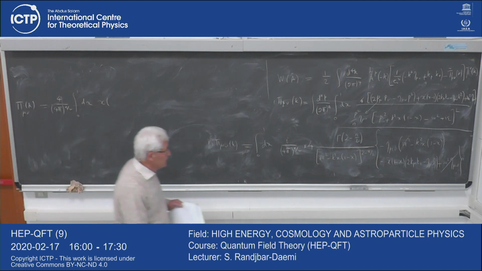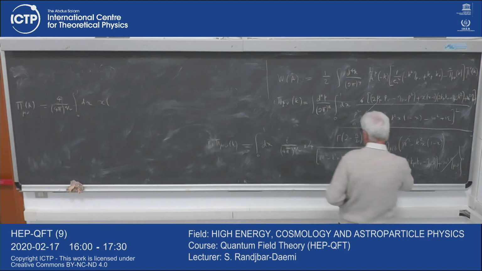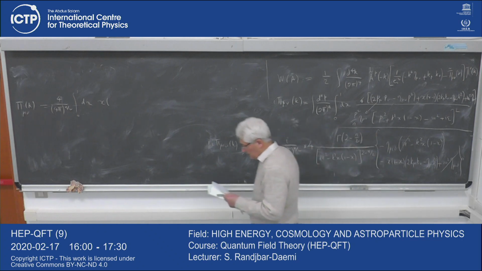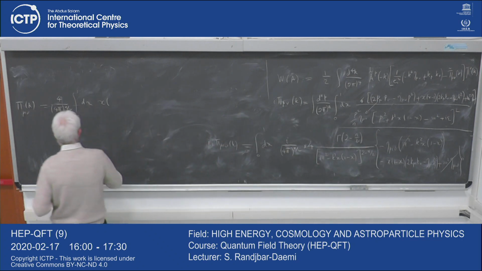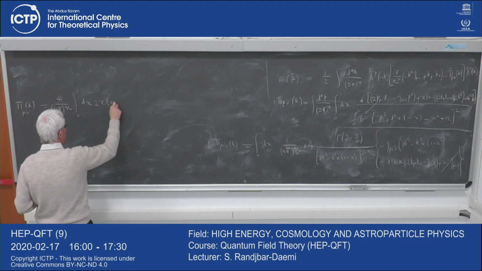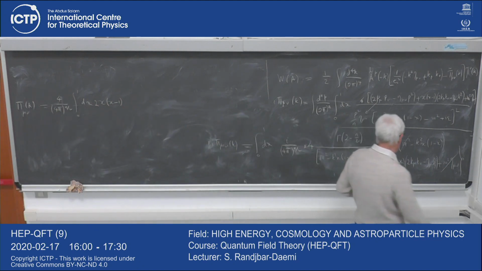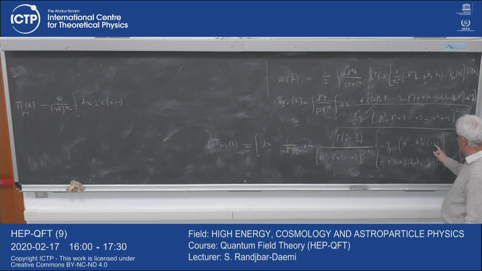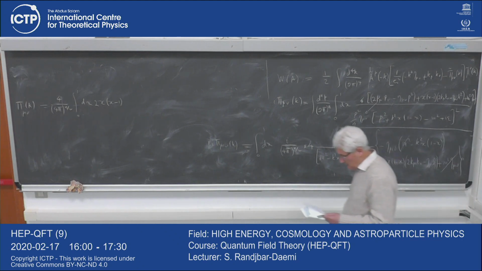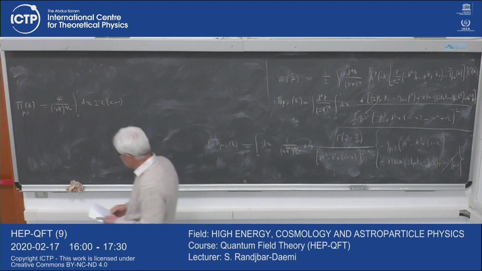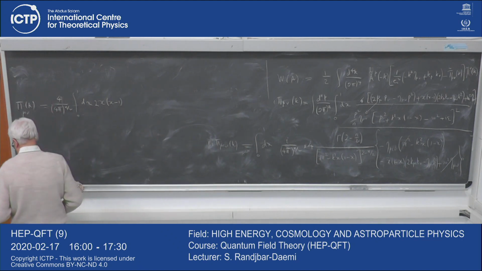I mean, here I have x times 1 minus x. For some reason, I have written it as 2x times x minus 1. That's a very good thing to do. Instead of changing the sign of that term, I'm changing the sign of that term, because I don't like minus signs, otherwise there will be a minus sign in front.